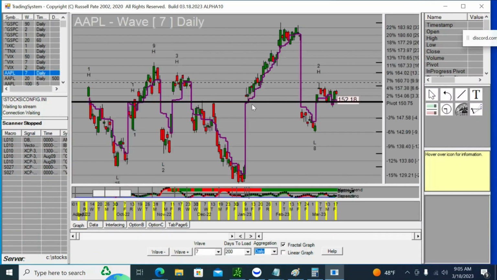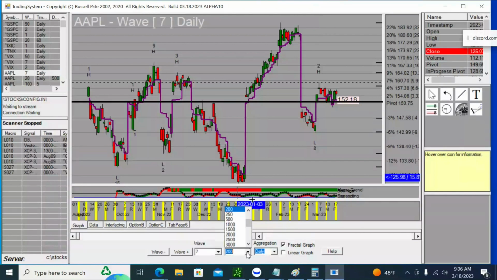A 7 is basically giving it more fractal data to analyze in the wave movement, so it gives it more leeway. And the pivot line is the neutral line, the center line. When the fractal interval is larger, it spends more time above and below this pivot line.